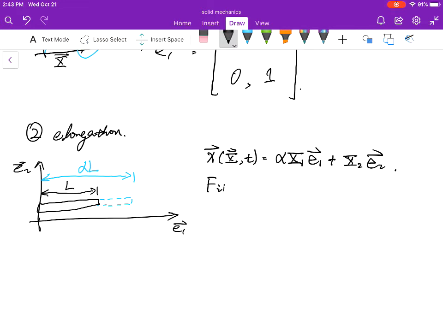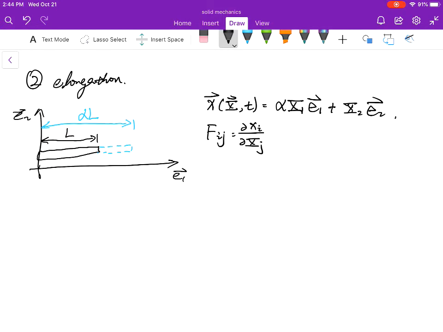In this case, similarly, we have F_ij equal to partial x_i over partial X_j. So we can simply write x1 over uppercase X1, that's alpha, and then x1 over uppercase X2, that's 0. For x2, we have partial x2 over uppercase X1, that's 0, and then it's 1.